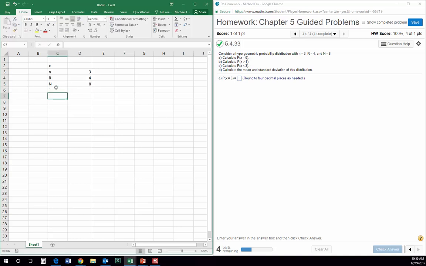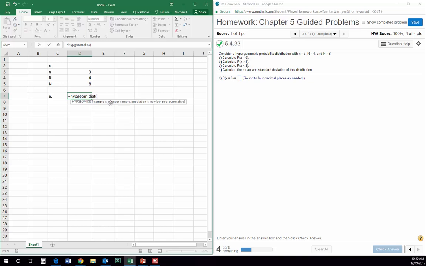All right. So to do a hypergeometric probability distribution, I'm going to create a little calculator here. I'm just going to say this equals HYPGEOM.DIST.